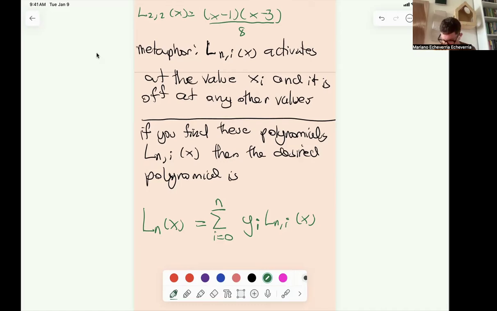Basically, you multiply each polynomial by the corresponding y value so that it gives you the correct y value, and then you add them together, and that will give you the interpolation polynomial.